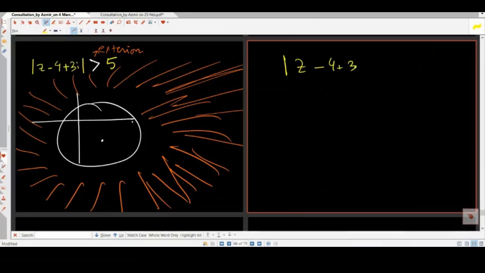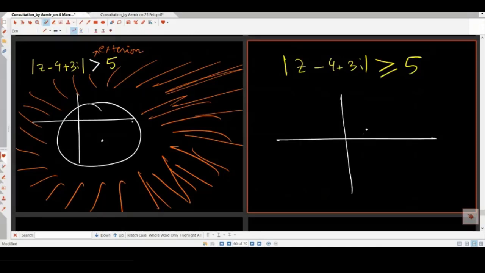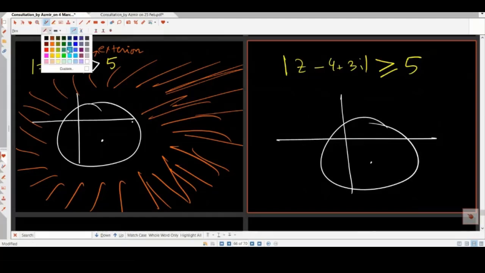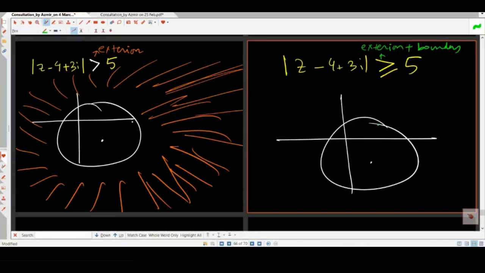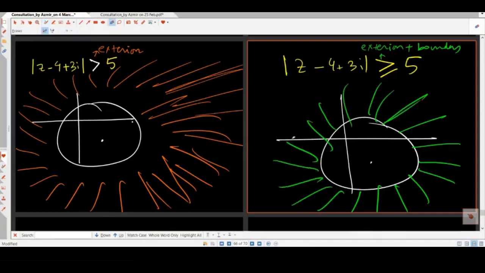If we have greater than and equal to, this time both exterior and, for equal to, the boundary is also included. So that means from the boundary to the exterior part is described by this set of inequalities.